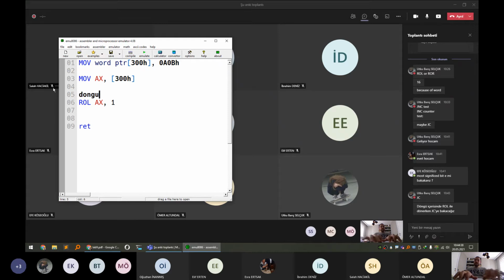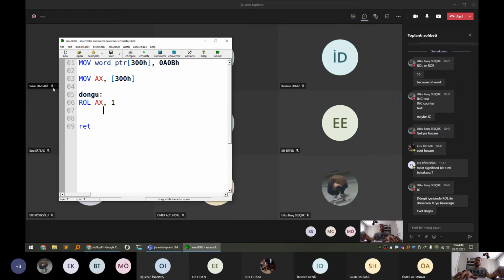Okay, we have a loop, an endless loop. I don't know how to write this, so I create an endless loop. I'm going to rotate left within this endless loop 1 by 1. After rotation, I need to check if the most significant bit is 1 or not. I don't want to use test. I can use test. Remember the test command.